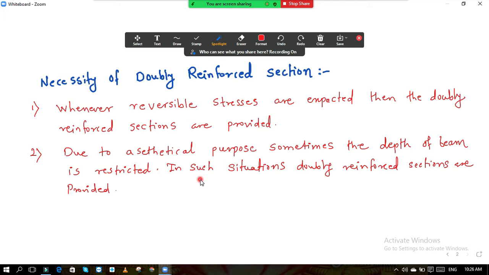So when this scenario is there, we go for the doubly reinforced section. Whenever there is a restriction of the depth of the beam, doubly reinforced sections are provided.